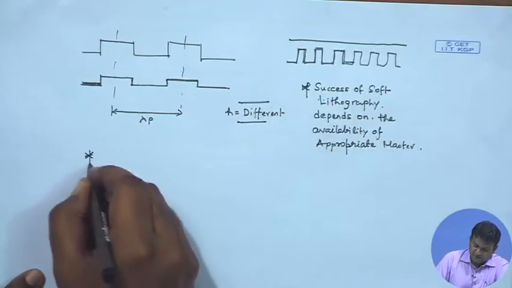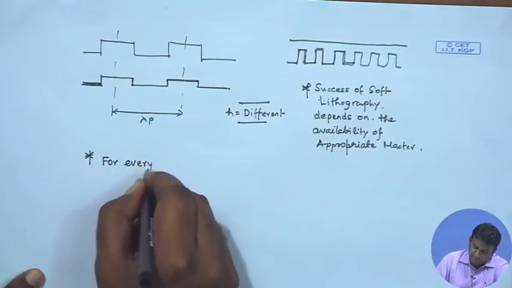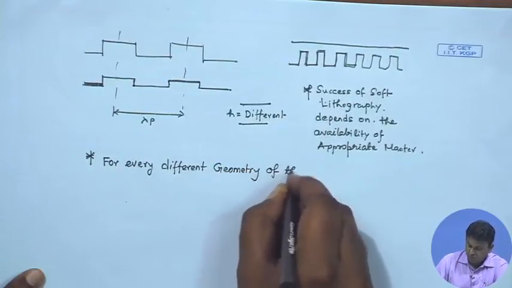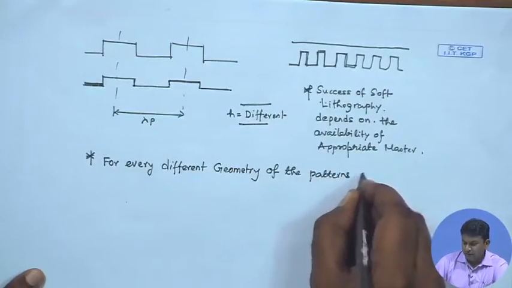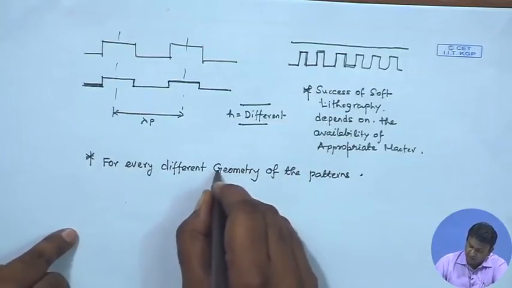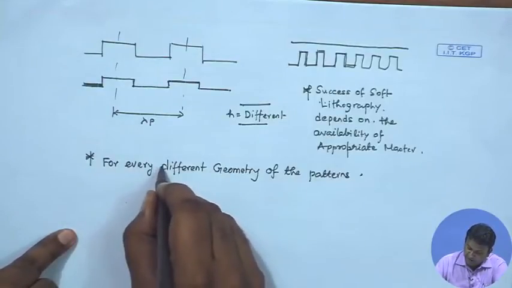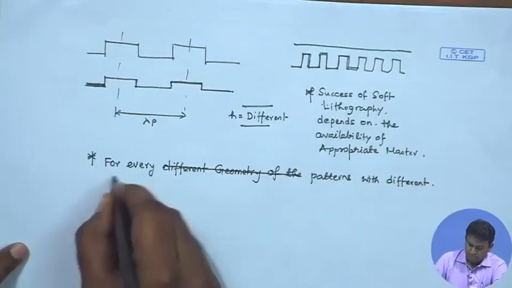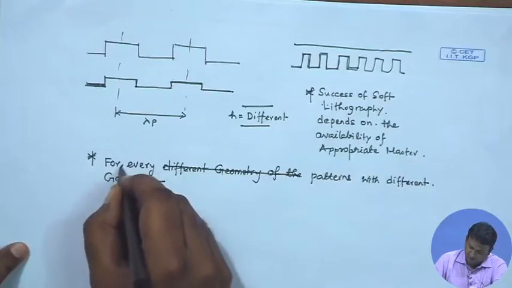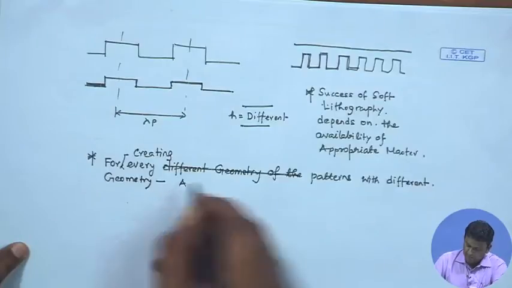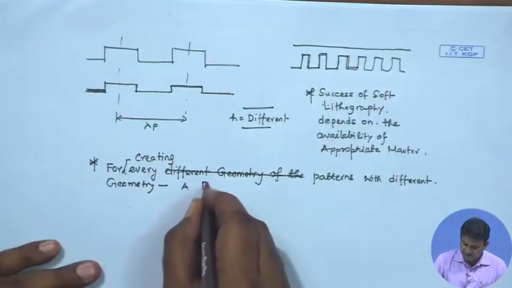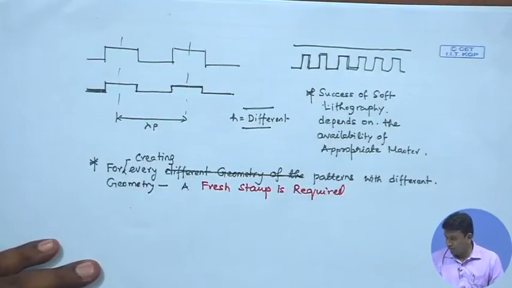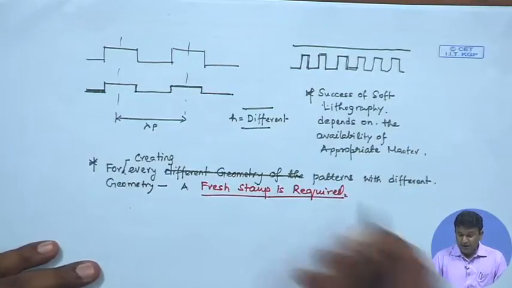Which translates to the fact that for every pattern with different geometry, a fresh stamp is required. That is a limitation.